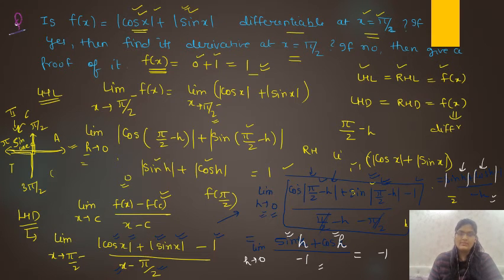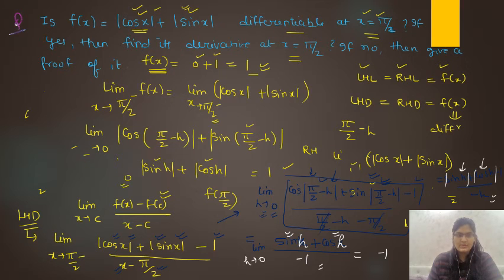Now if you talk about the right hand derivative, just bear with me, I am erasing this. So for the right hand derivative, what you will take, x tends to pi by 2 plus, right? Okay, I've got enough space, right?